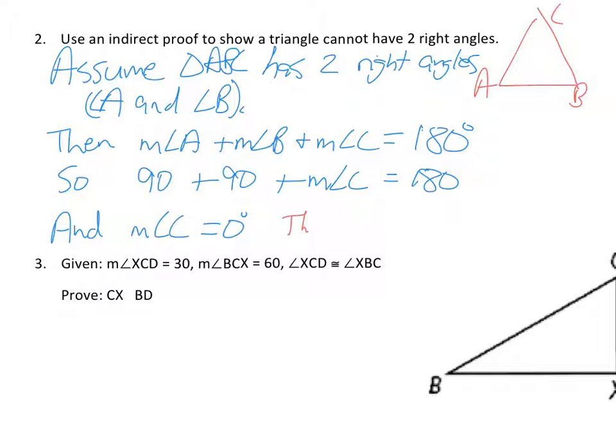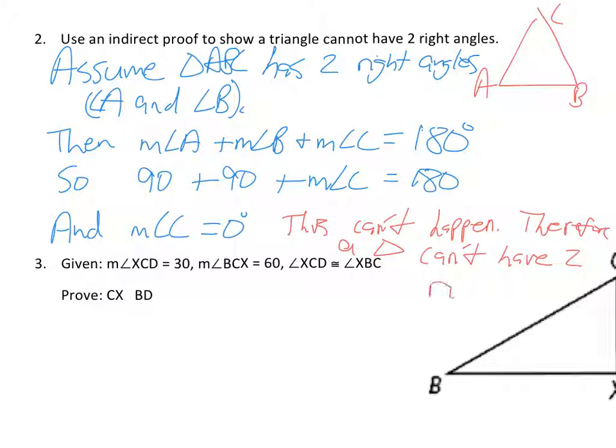So this can't happen. Therefore, a triangle can't have two right angles.